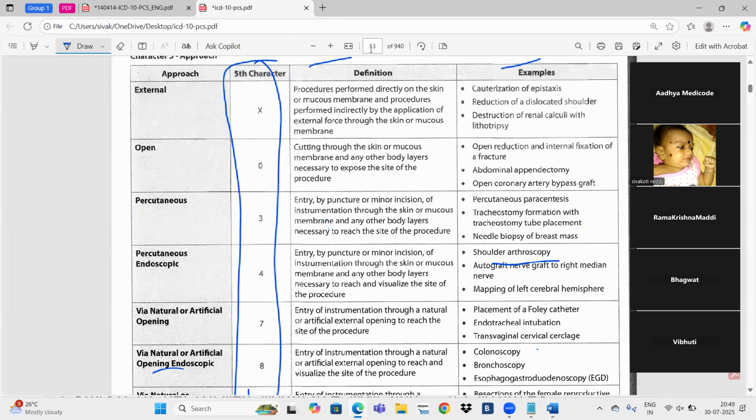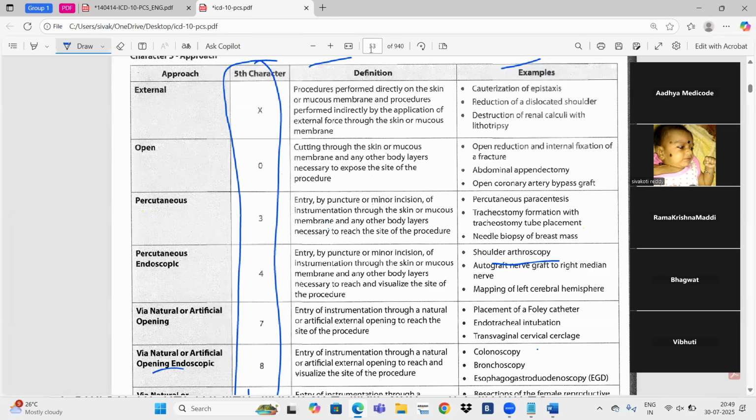Suppose a patient has a fracture. Fracture reduction we can do in two types, closed fracture and open fracture. Open means they will cut the skin and other mucous membranes, reach the bone, fix the bone, and apply some screws or plates.